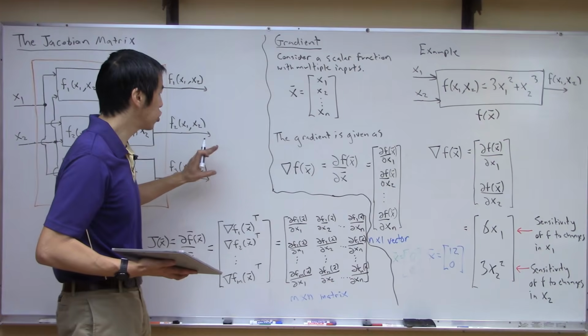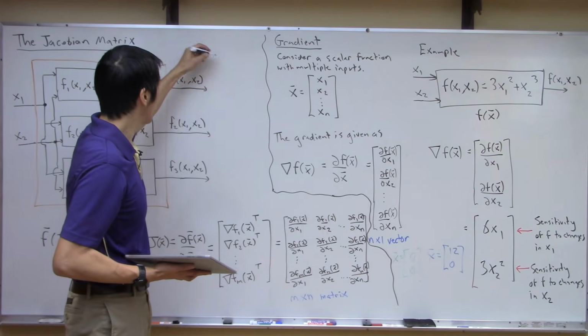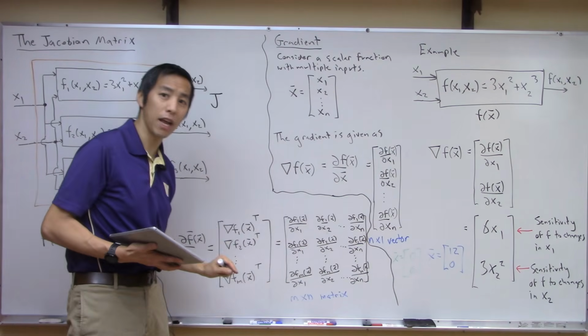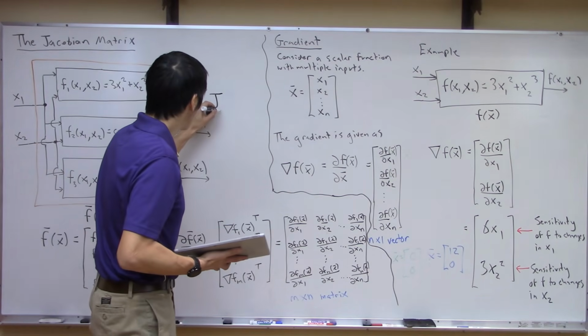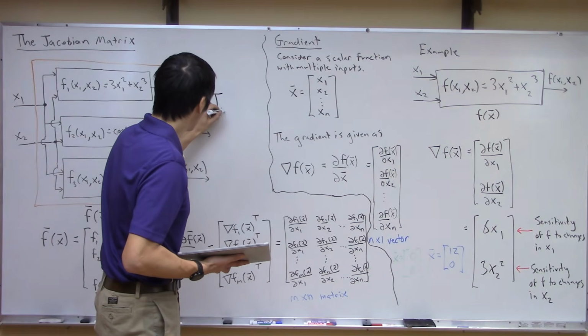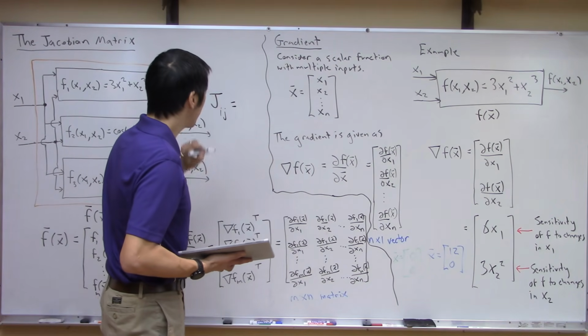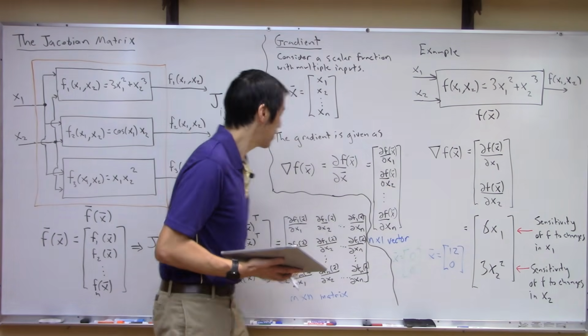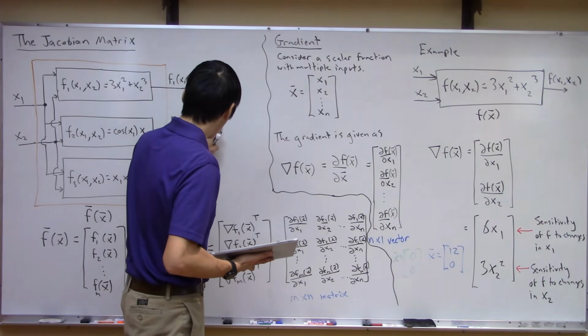And maybe we should write this down. The Jacobian matrix we see here is an m by n matrix, but the row i, column j tells you the sensitivity. Let me write this down.